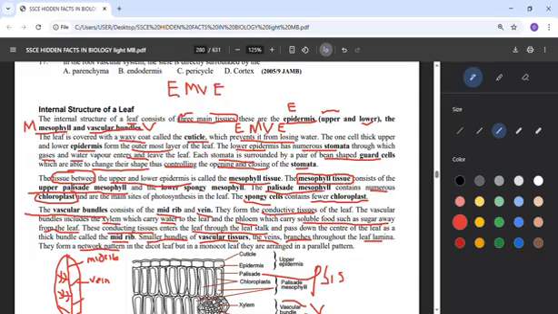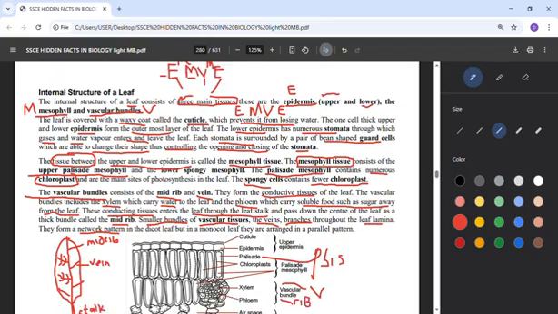The E is the epidermis. We have the upper and the lower epidermis, while the M is the mesophyll. We have the palisade mesophyll. Then there's another mesophyll, which we call spongy mesophyll, while this one is the vascular bundle. Once I get here, I may not talk about the epidermis again.